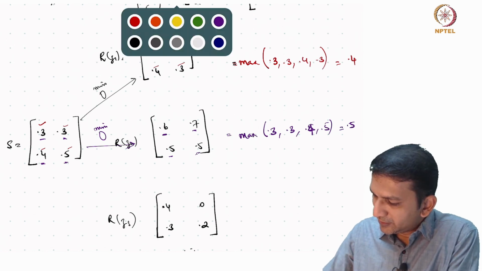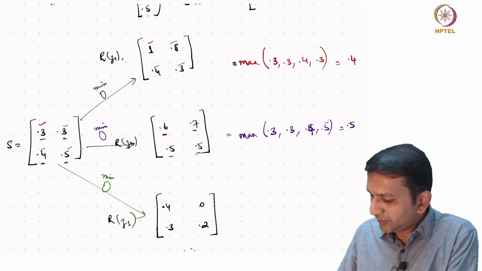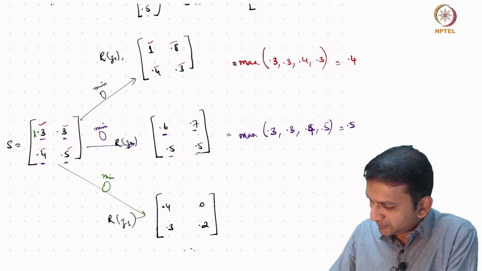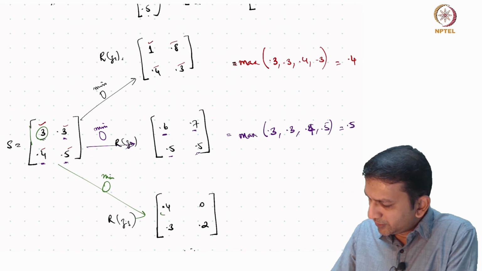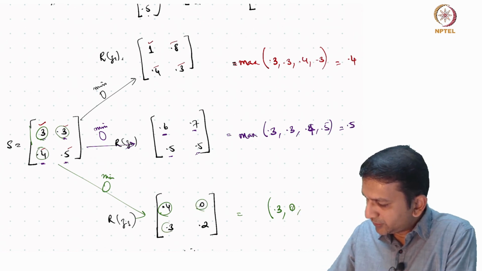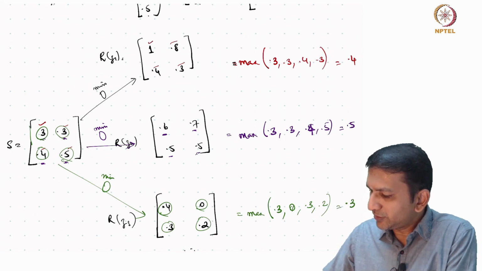Finally, we need to take sup-min composition between these two matrices. So if we take 0.3 here, and 0.4 here, the minimum is 0.3, 0.3 and 0 is 0, 0.4 and 0.3 is 0.3, 0.5 and 0.2 is 0.2, and we need to take the maximum of them, and what we get is 0.3.